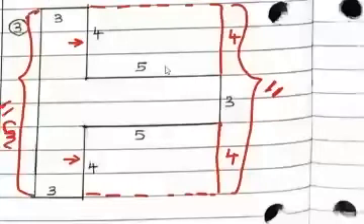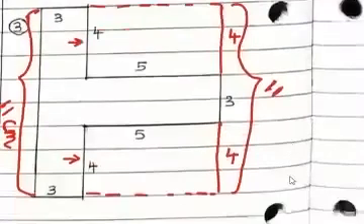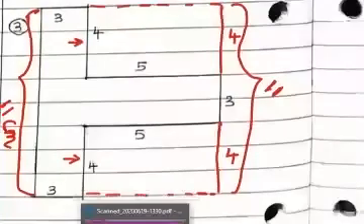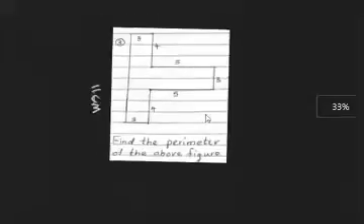Now we know the lengths of all sides. When we add all these lengths, we can find the perimeter. Now we know this side is 11 centimeters. We have found it. Now we can find the perimeter of this figure.